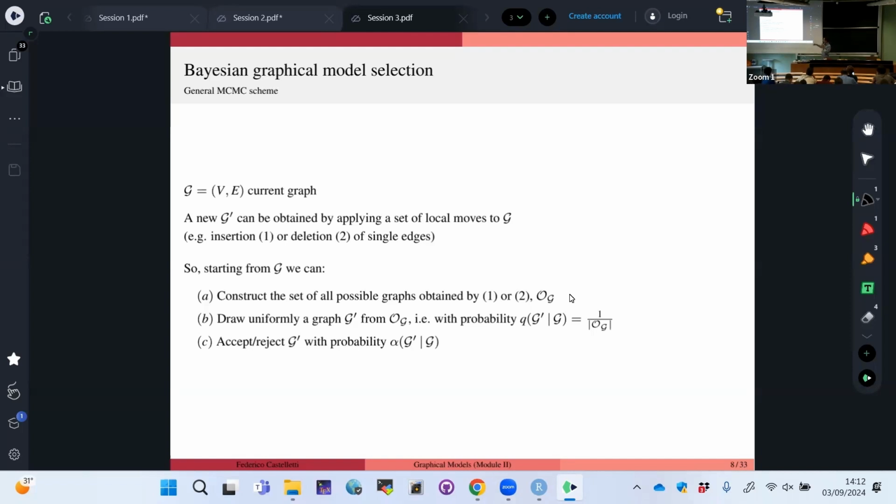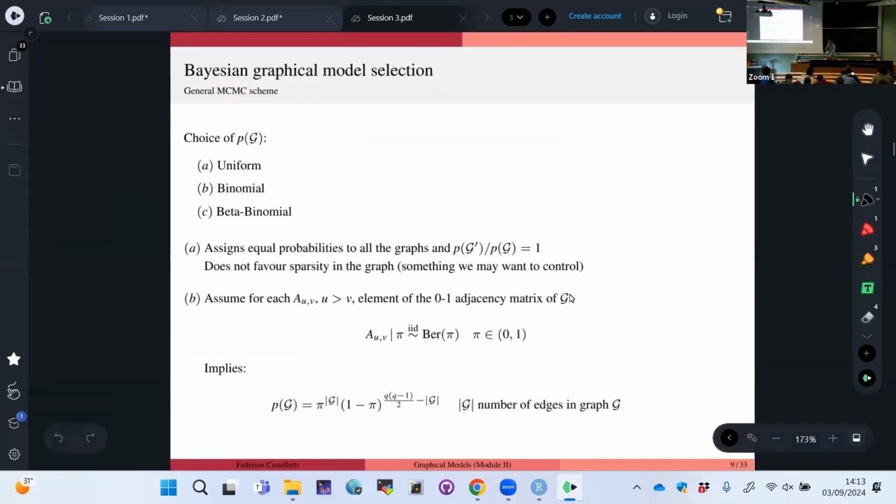So I propose one of these with this probability, and then I will decide whether to accept or reject the proposed graph with the probability given by alpha that we wrote before. Is it clear? Okay, so this is the idea in this very general MCMC scheme.